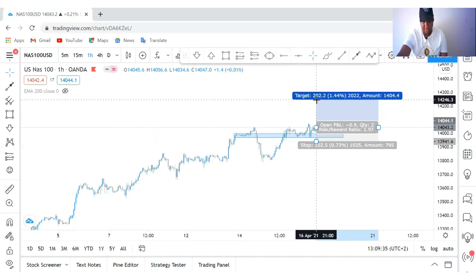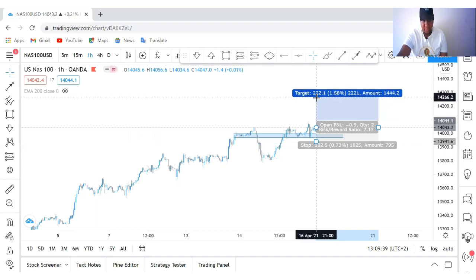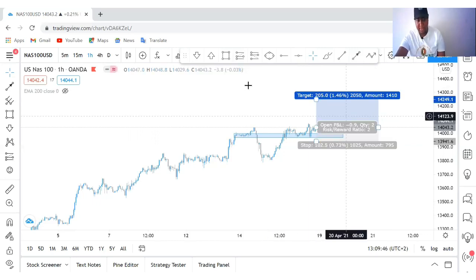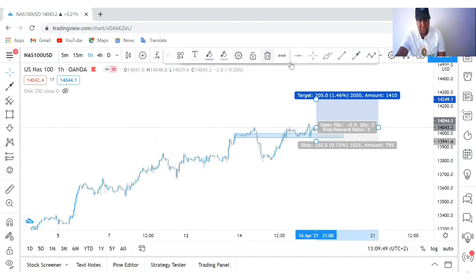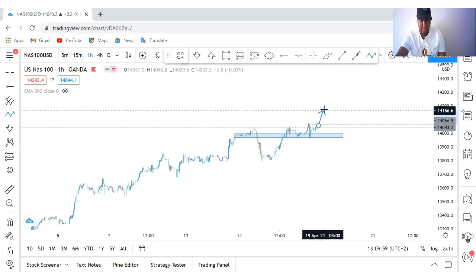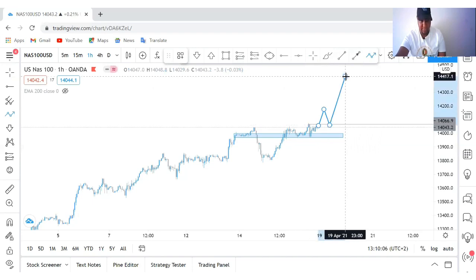That was my risk to reward ratio, something like 1:2. We got that. But again, I'm trying to predict exactly what may happen. We have this new high right here, and NASDAQ might want to make a big deal about that and shoot up at market open, come back to retest, and then obviously buy.